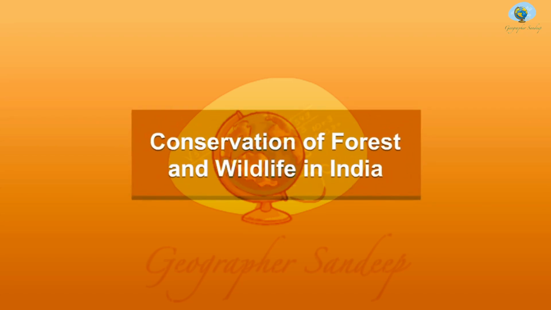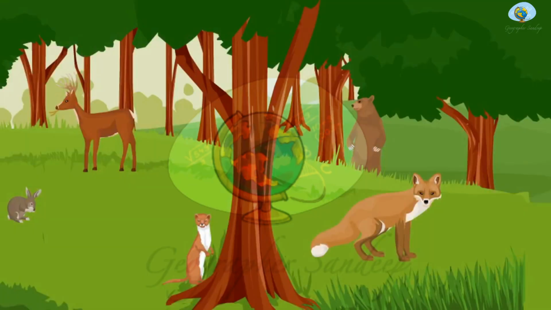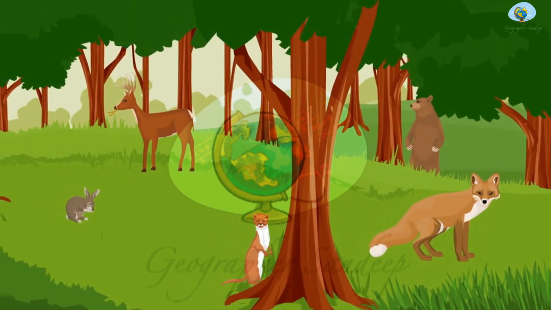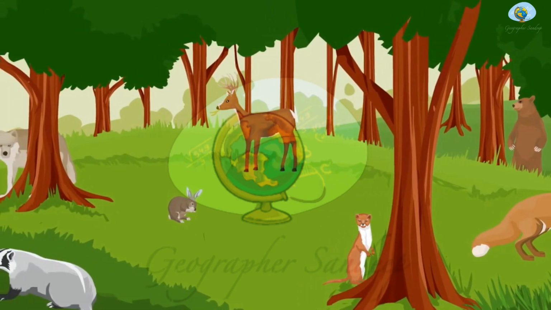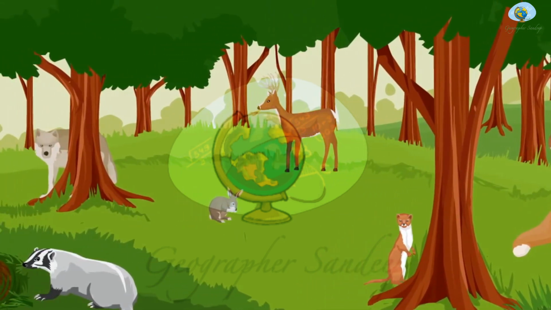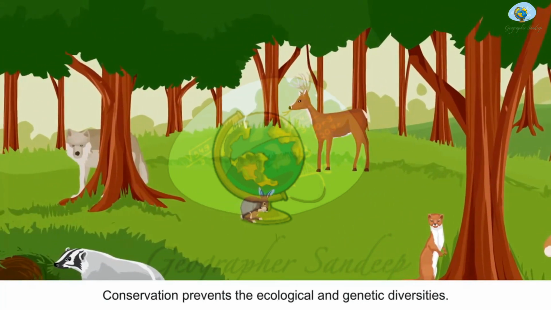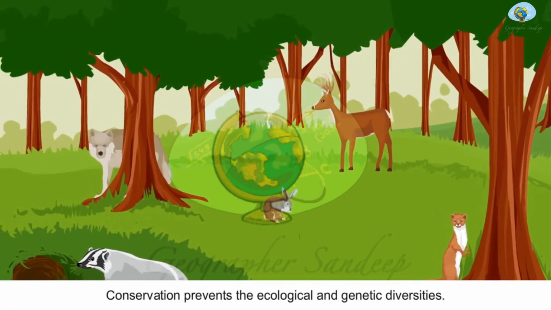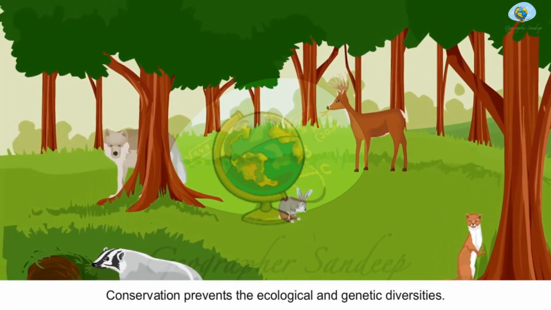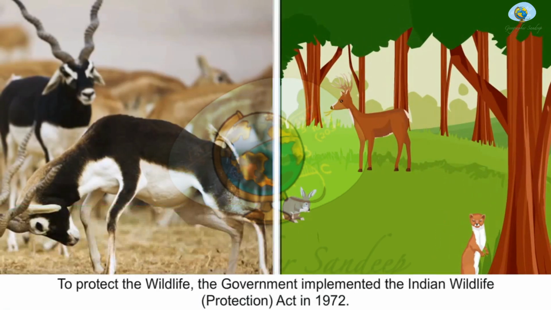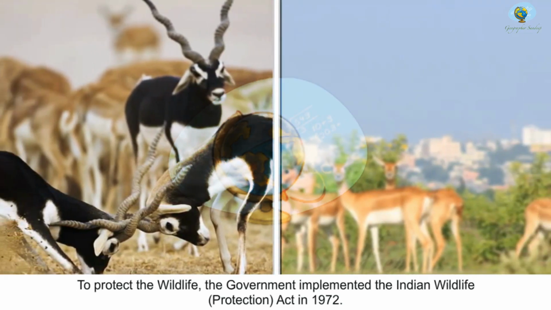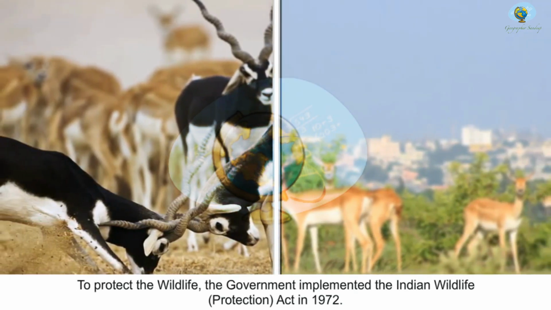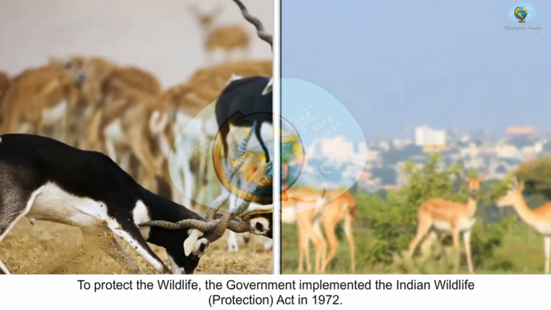Conservation of forest and wildlife in India. Conservation of forest and wildlife is very essential for survival of animal and plant species. Conservation prevents the loss of ecological and genetic diversities. To protect the wildlife, the government implemented the Indian Wildlife Protection Act in 1972.